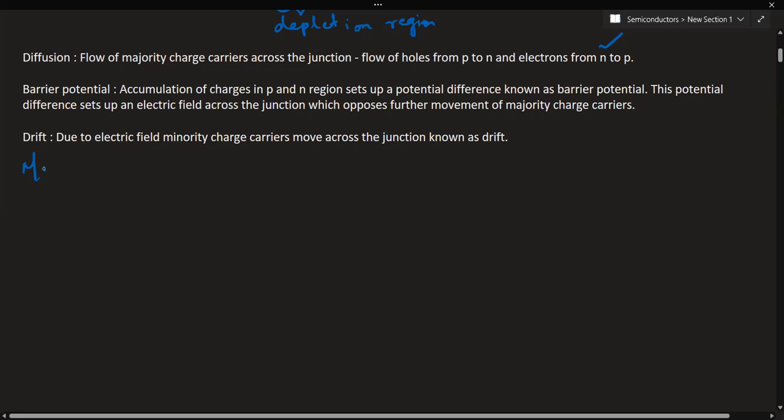Now see, if I summarize it, the movement of holes from P to N is because of diffusion, because holes were the majority charge carriers in P and electrons were the majority charge carriers in N. While the movement of electrons from N to P is also because of diffusion.